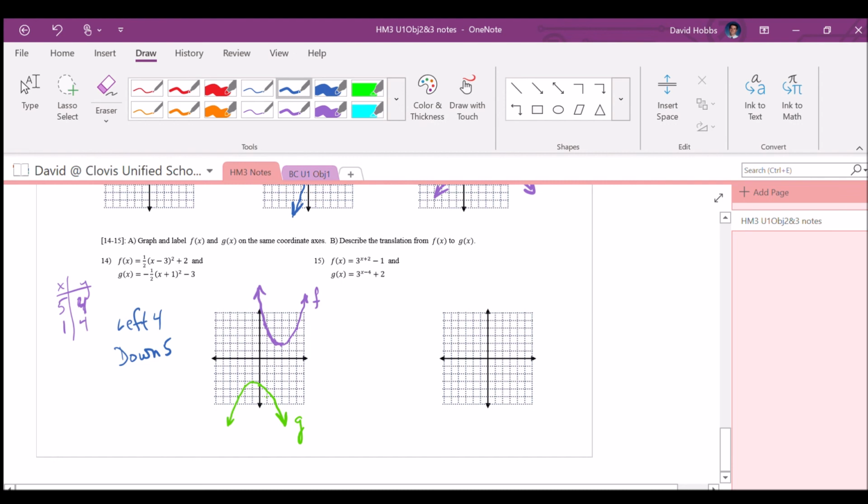And then it also reflected, or flipped, kind of. Reflected over the x-axis, but let's say flipped here instead.